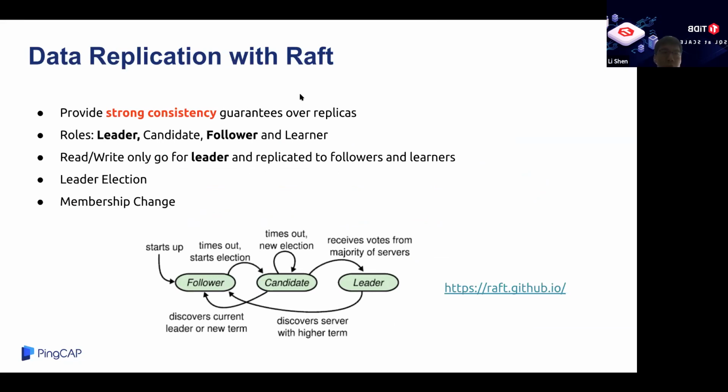We use Raft to provide strong consistency over the replicas. And there are some concepts you need to know: Raft has a leader and followers, and in each Raft group, read and write operations only go to the leader. Yeah, and then the write operation will be replicated from the leader to followers.